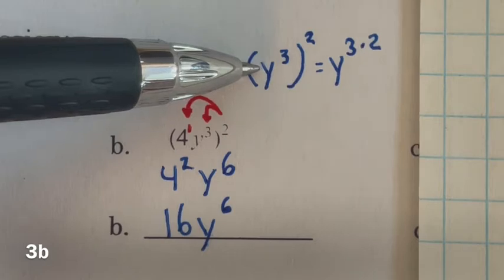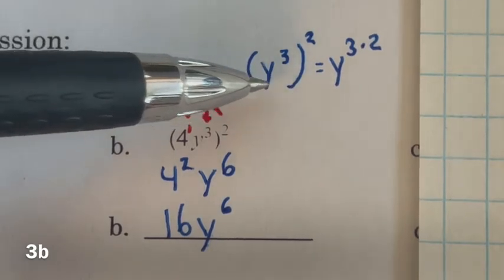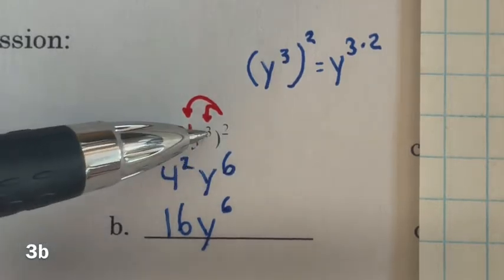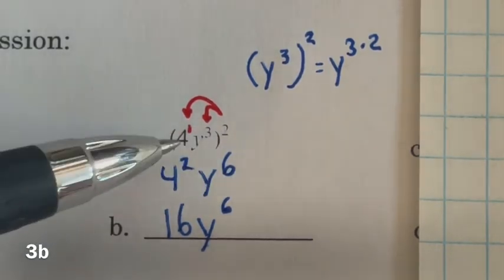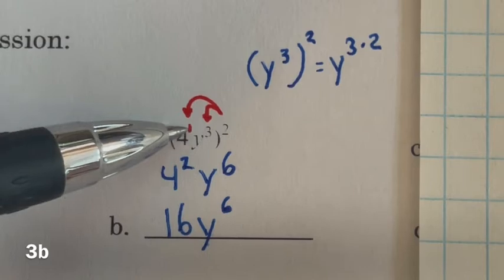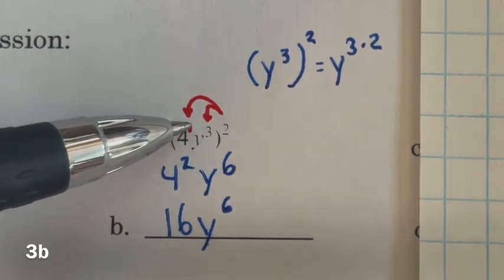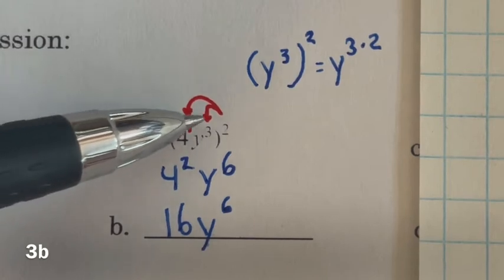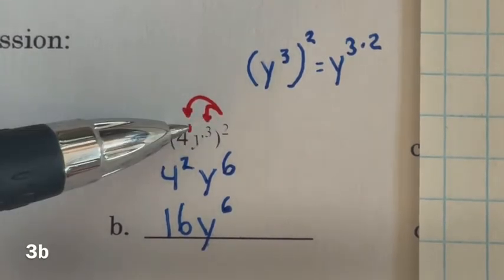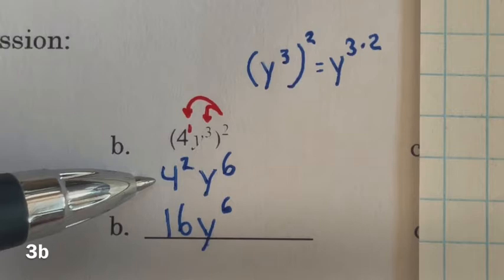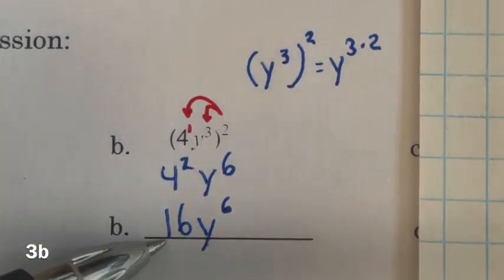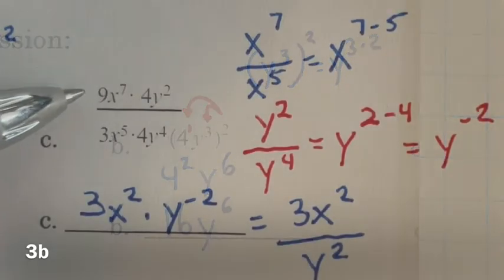If I have 3 y's multiplied by 3 more y's, in total I have 6. So that's y to the 6. 3 multiplied by 2 is 6. And then I used a placeholder for 4 to the first power. Anything to the first power is itself. So 2 multiplied by 1 is 2. And then to simplify 4 squared, 4 times 4 is 16. So we get 16y to the 6th.